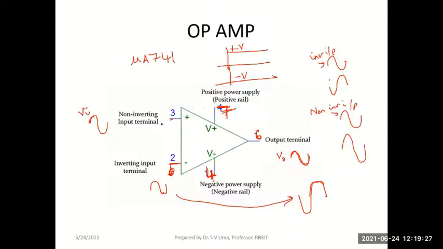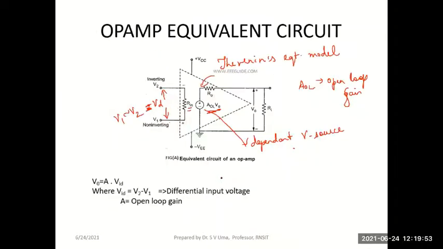Pin 3 is the non-inverting input. Whatever you give here will appear in the same phase at the output but amplified. Whereas pin 2 is the inverting input terminal. Anything connected here will appear at the output inverted, 180 degrees out of phase. V plus, pin 7, is the positive power supply. Pin 4 is the negative power supply.